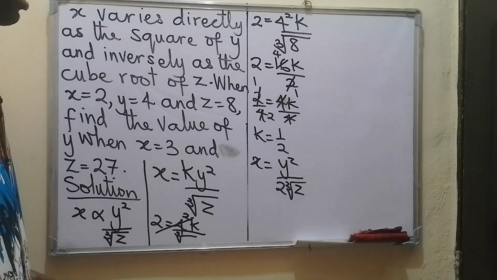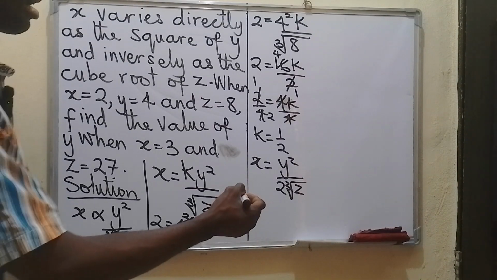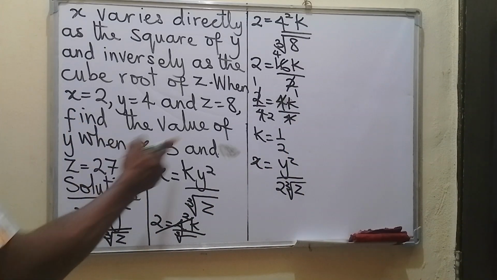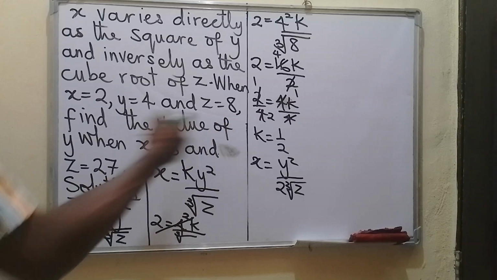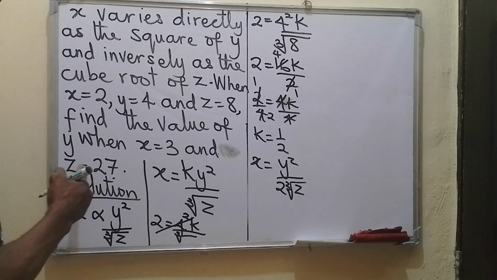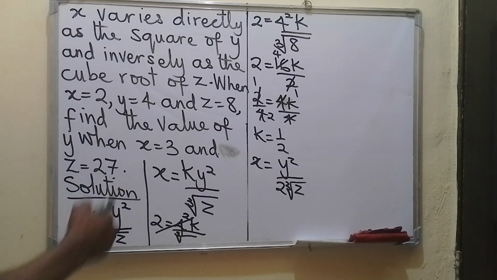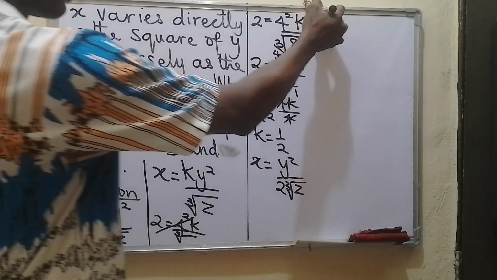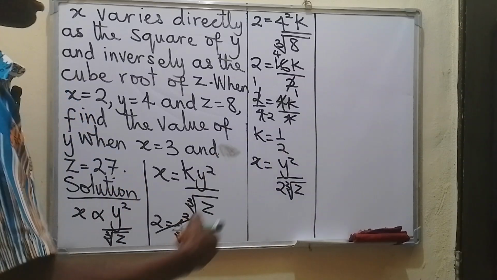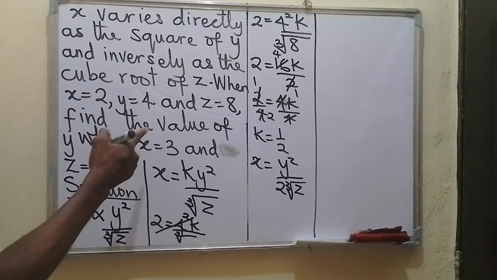Then we will use this equation to solve for y, because it says find the value of y when x is equal to 3 and z is equal to 27.